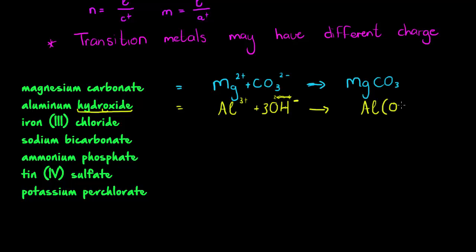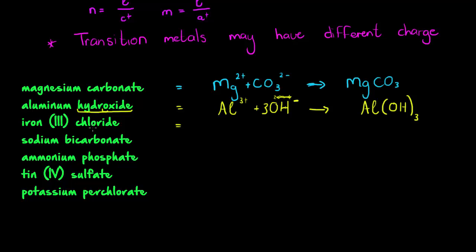Then we have hydroxide, and notice how I put hydroxide in brackets and give it its subscript to tell me that in this molecule I will have 1 aluminium ion and 3 hydroxide ions.